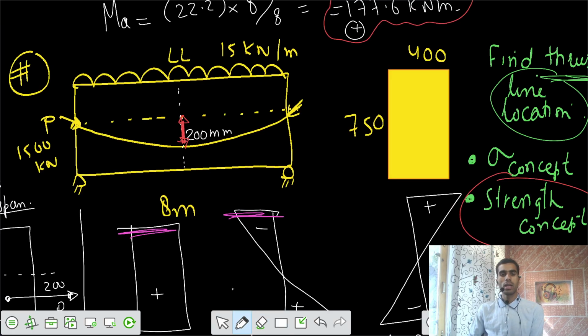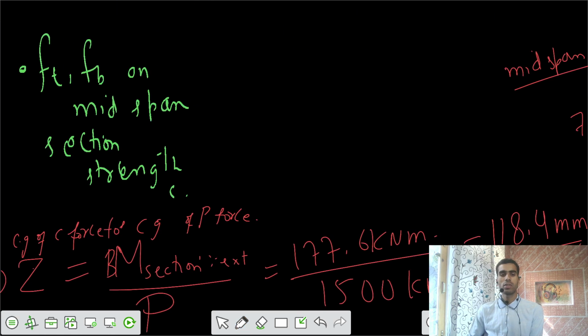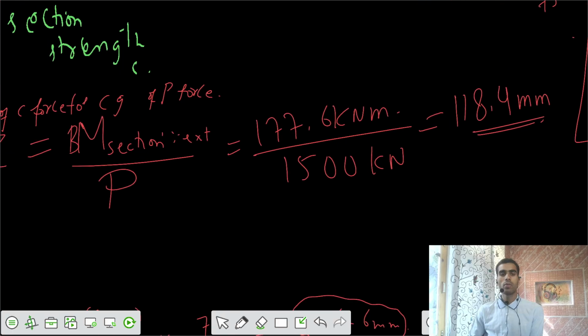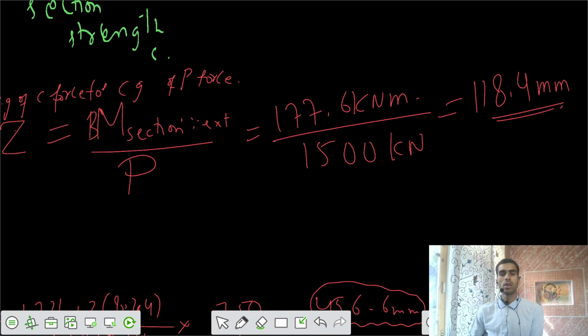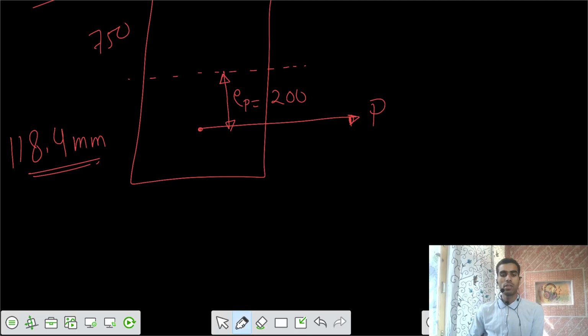So we need to say where your C force is acting at that midspan section based on the strength concept. We got the value of Z equals 118.4. That means you have to shift your point from the P line, that is, the cable line.